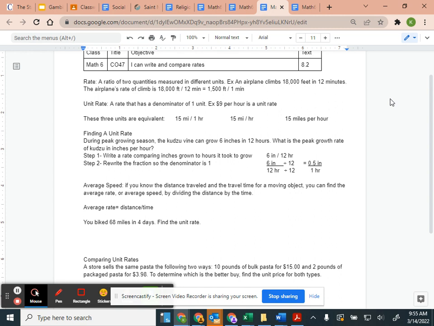What do we want to do with our rates, Landon? So we're on CO47 now. Remember, with those rates, we want to find that unit rate. That unit rate means we get a denominator down to 1 unit.